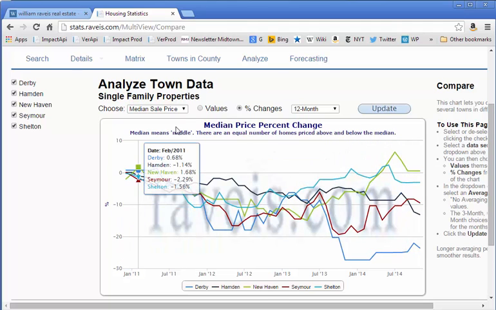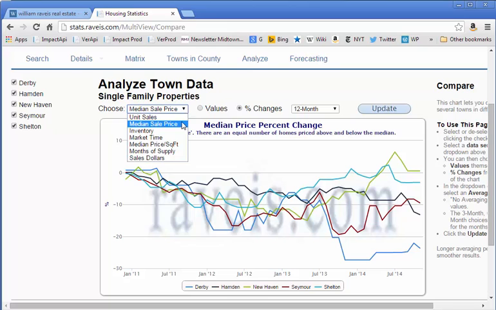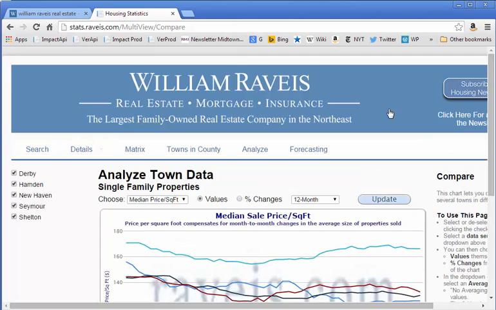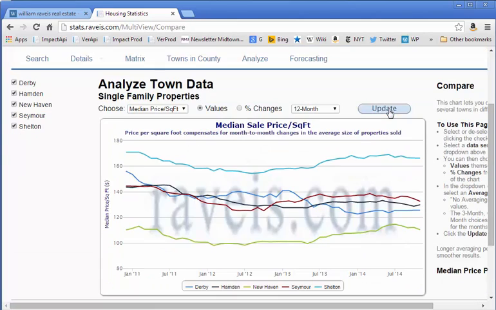Another interesting indicator of value is price per square foot, which is another choice here. So we're going to choose median sale price per square foot. We also want to look at values first on this. Click the update button and the system retrieves the price per square foot data and brings it back.